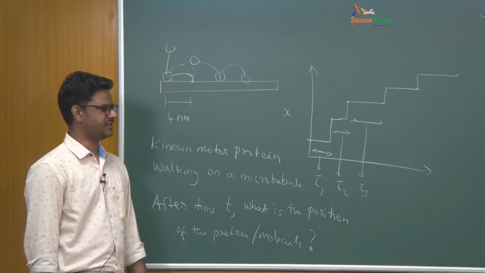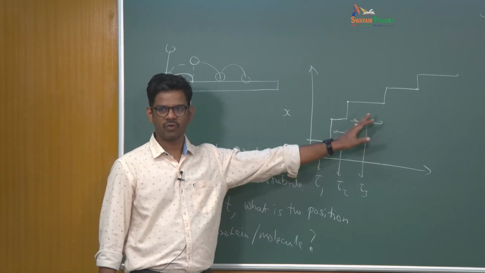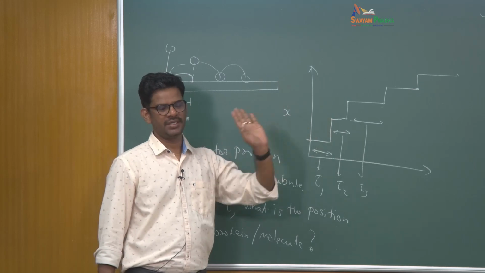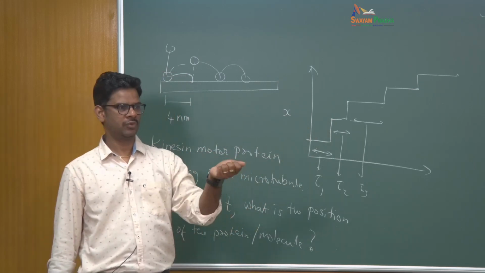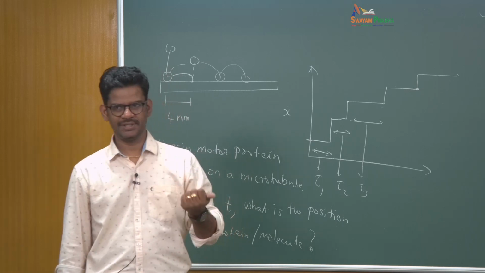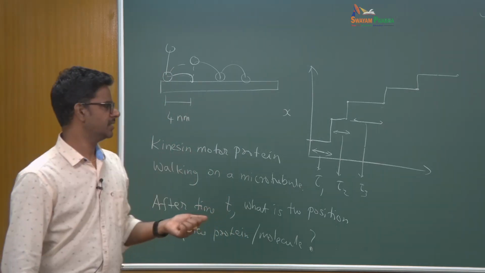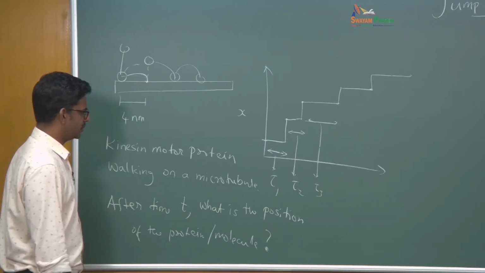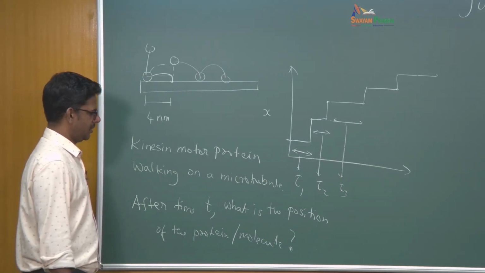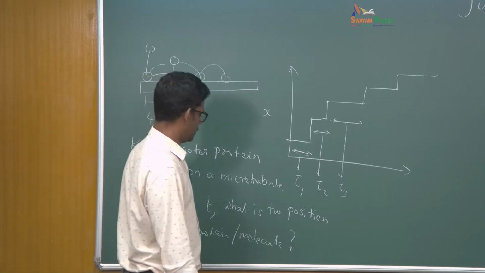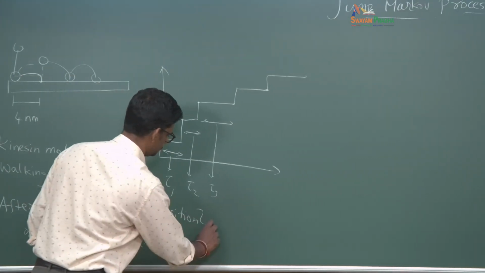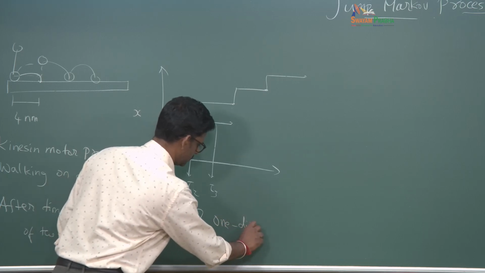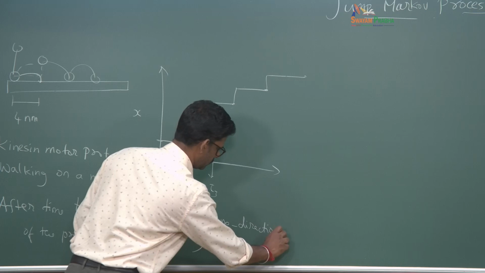Effectively, this is a random walk, but it is a one-sided random walk, because it can only go forward. In the actual random walk, we said the particle can go forward or backward with certain probability, right? Here the motion is only one directional. So we call this a one directional or unidirectional random walk.